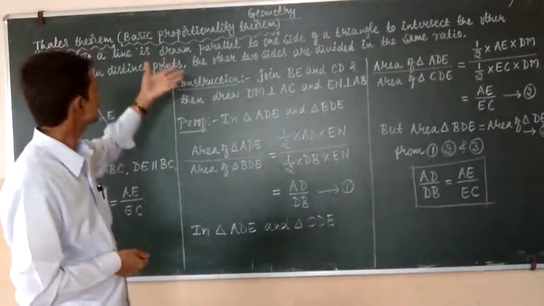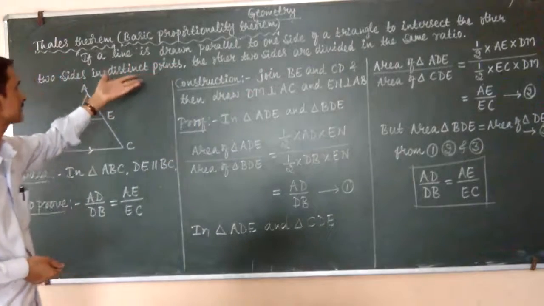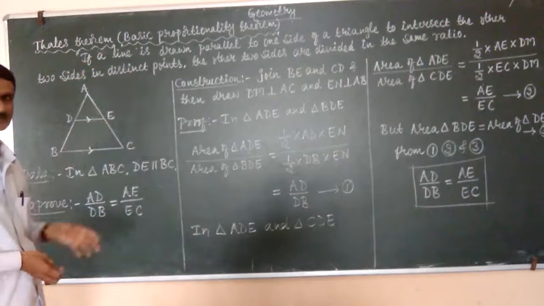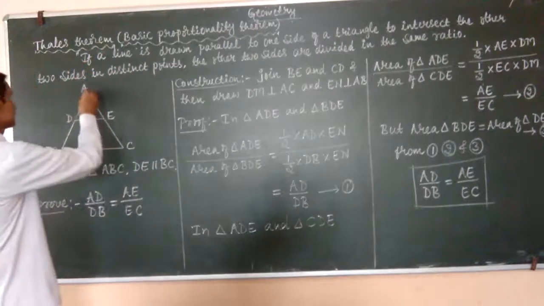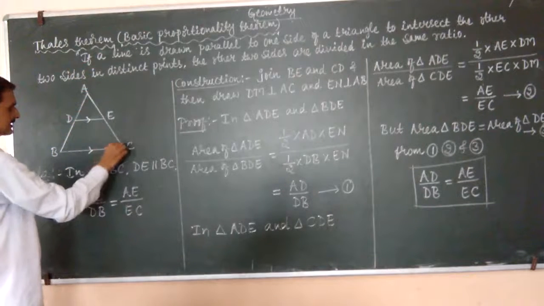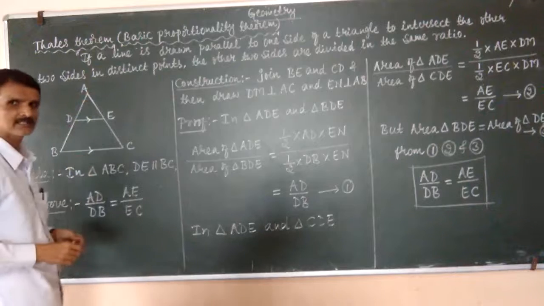By observing this statement, we first have to draw the triangle. Here ABC is a triangle which is drawn.